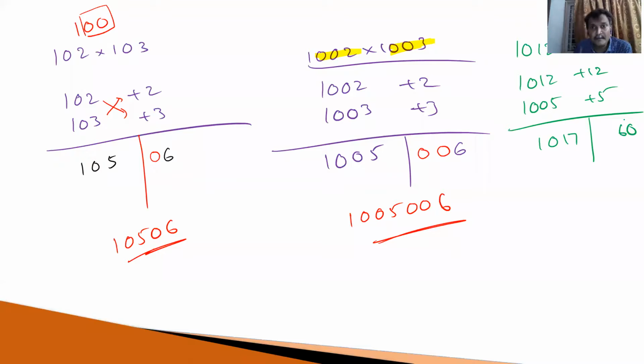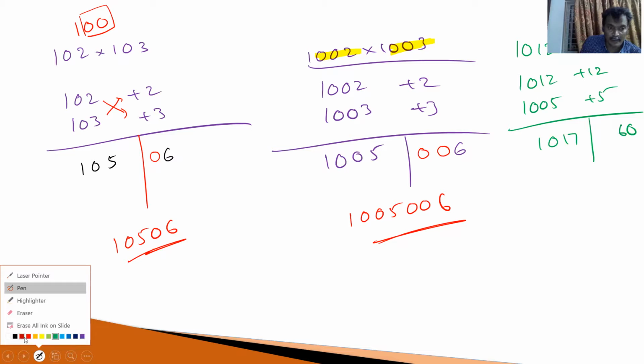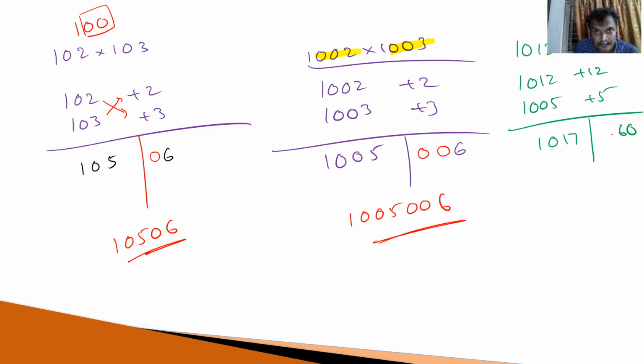How many zeros are there? 3 zeros. So, how many digits must be required here? 3. How many digits are there? Only 2. Now, what should we do? Just add 0 before that number. So, what is the answer?